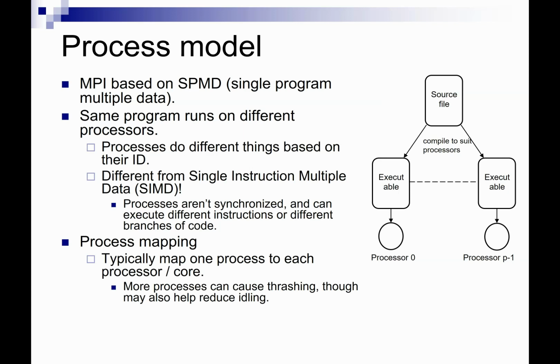Now, a processor can actually run multiple processes. Let's say you have 10 processors and 20 MPI processes. You could put 2 of these processes onto each processor. Usually when you run MPI, you don't really do this.